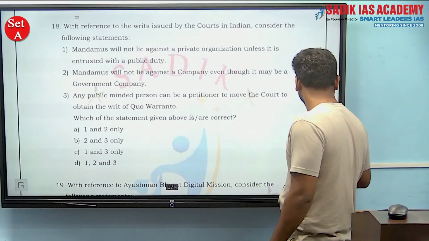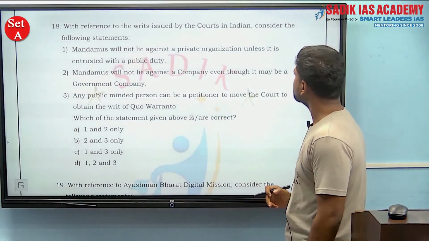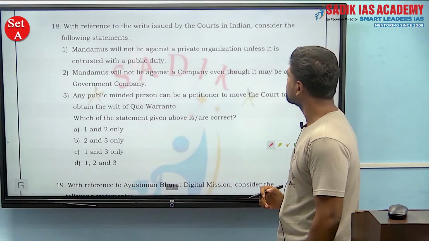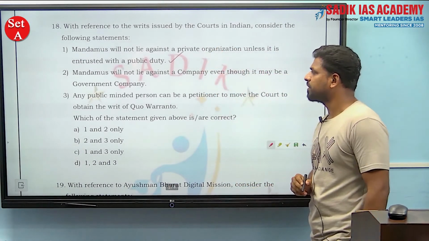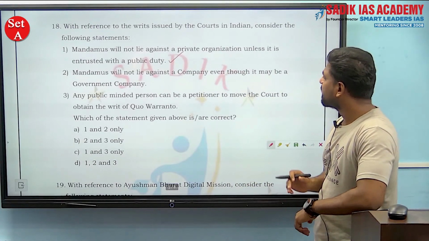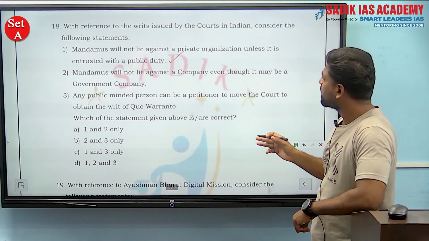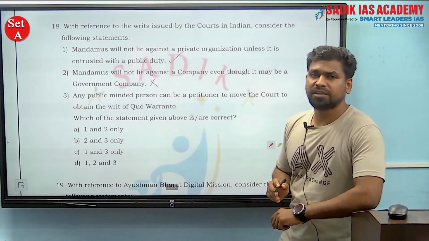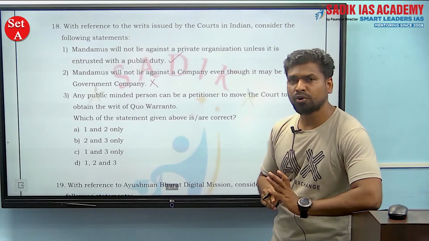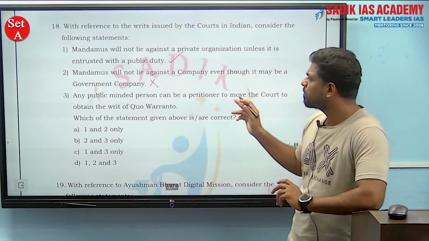This statement is true. What about the second statement? Mandamus will not lie against a company even though it may be a government company. This statement is wrong because mandamus as a writ can be issued against any public body or a public person. Therefore, statement number 2 is wrong.